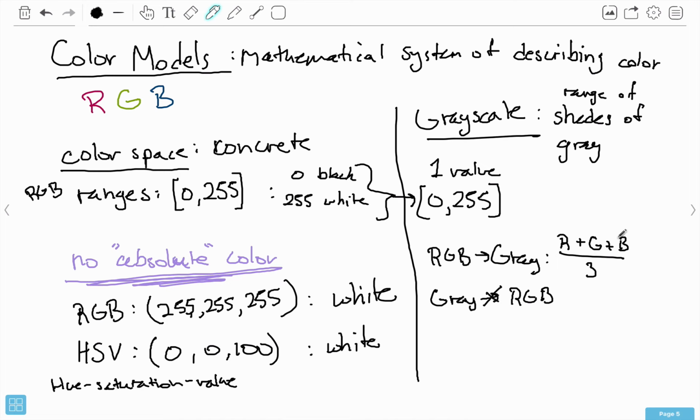It just doesn't exist. It's all relative to the color model. I gave the example with RGB and another popular color model, hue, saturation, value, in the sense that pure white is different in these two color models. So there's no absolute value that represents pure white. It's all dependent on the color model.